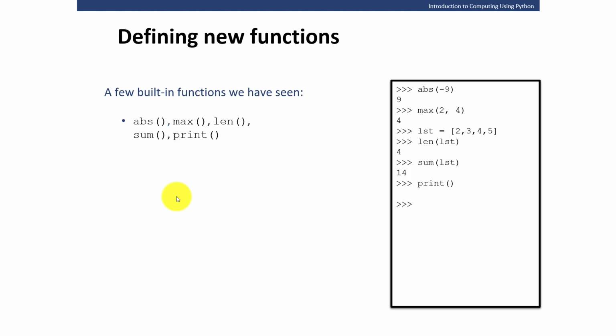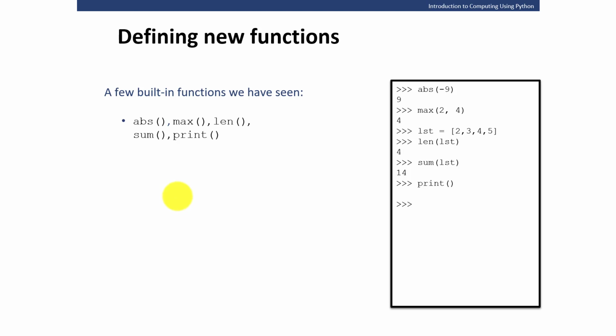Otherwise, you can hide it. So modularity, code reuse, and encapsulation are the main goals for converting your code into functions.